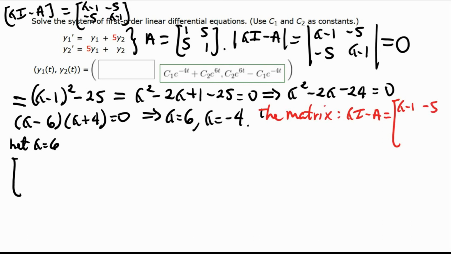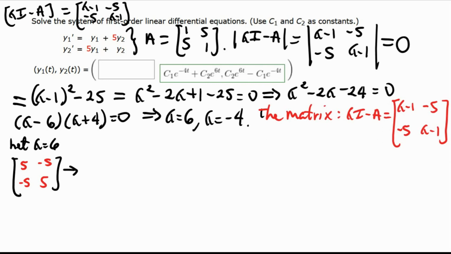Sorry about that. So we plug in the lambda to be 6. It gives us 5, -5, -5, and a 5.